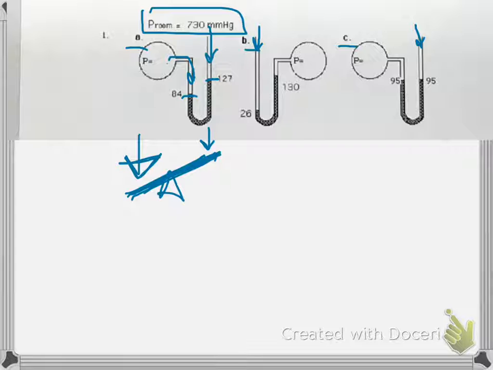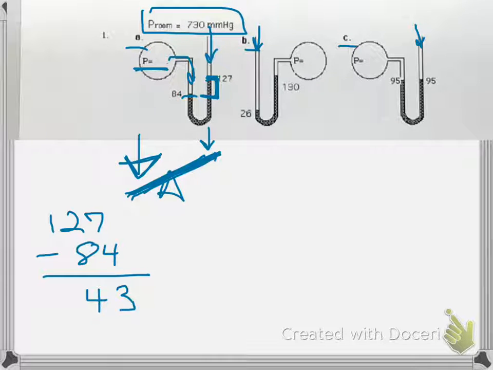So our pressure in the room, the 730, plus the difference between this level will give us our new pressure. So we have a difference of 127 minus 84, which is 43 millimeters of mercury.